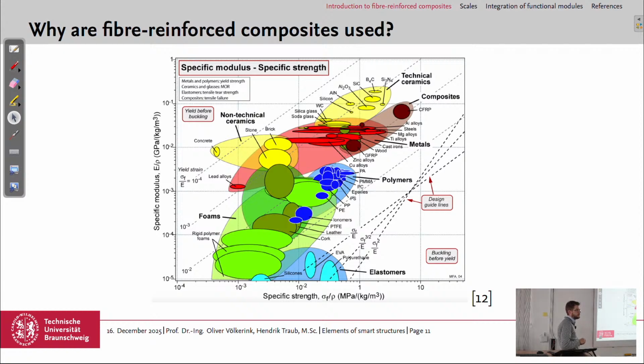Here the brown ellipses are the composites. Here's CFRP, here's GFRP. Here are elastomers, we have foams here, unreinforced polymers, and metals are the red area. So composites compared to other materials have very high specific strengths and also very high specific modulus, and therefore it's an interesting material to design and manufacture lightweight structures.